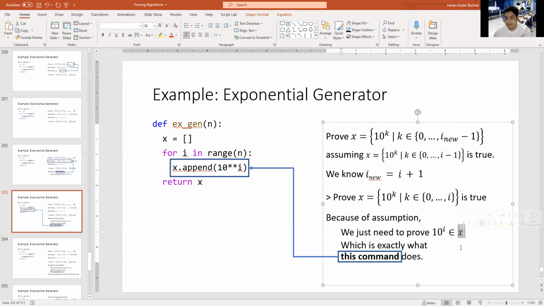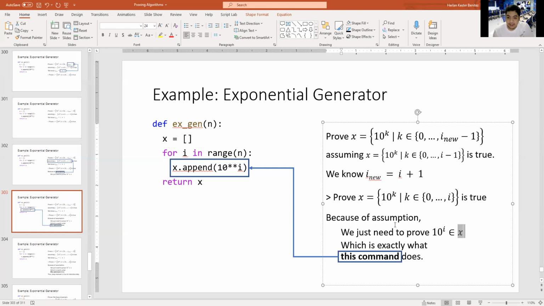So, na-append si 10 to the i kay x. So, parang medyo common sense lang. Since in-append natin si 10 to the i kay x, x already contains 10 to the i.